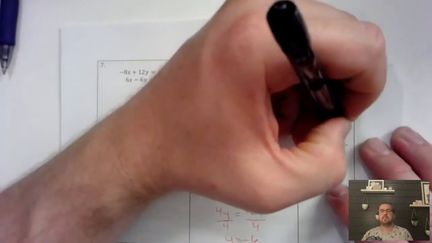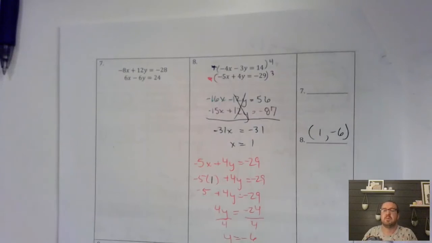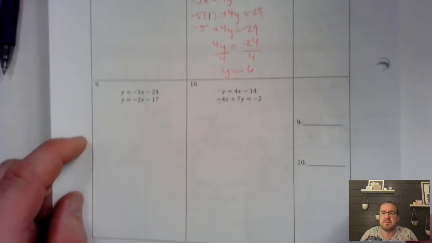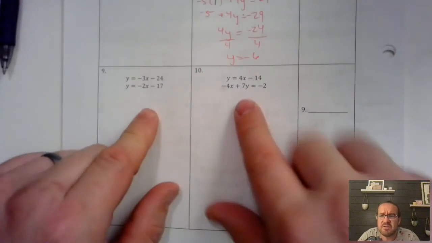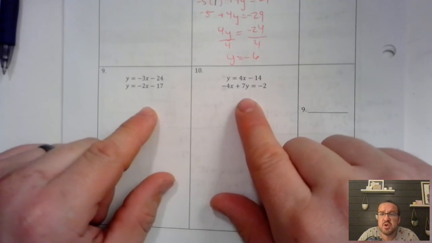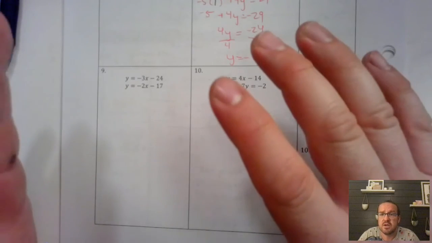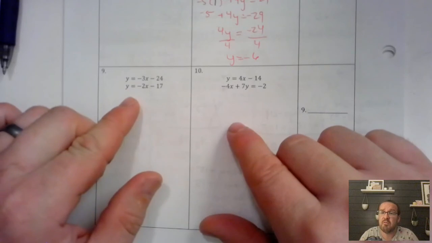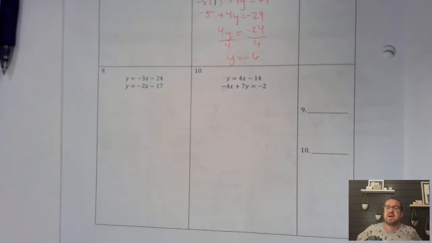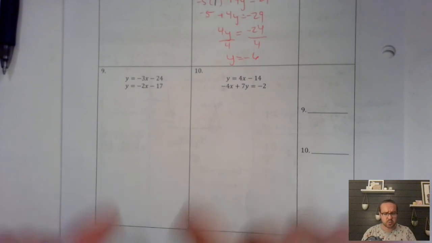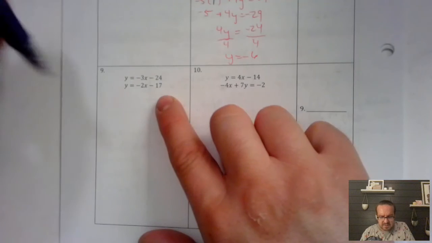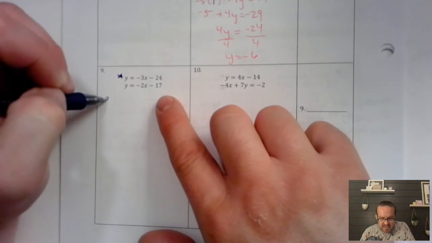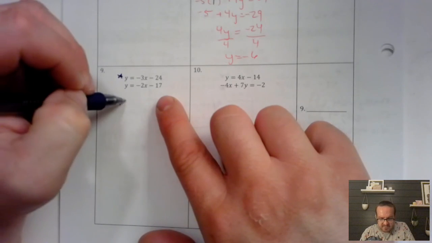Now, there are a couple problems here. Notice at the very bottom, at least one of them already has y equals. So you could manipulate this equation to solve it by elimination, but what would be more helpful is if we come up with a method to say, what is the most helpful way to solve this problem? Yes, I could rearrange this problem right here, if it's blue, to positive 3x plus y equals negative 24.